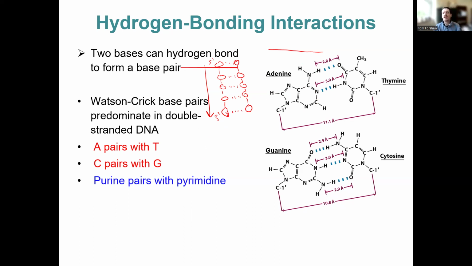The hydrogen bonds in particular are really important for making sure that the bases line up correctly and make the correct pairings. And this pairing gives us data redundancy.